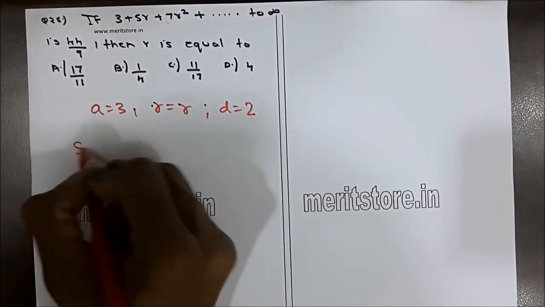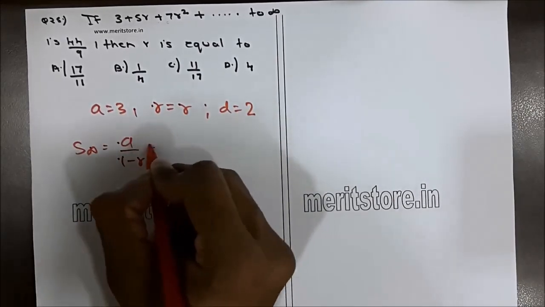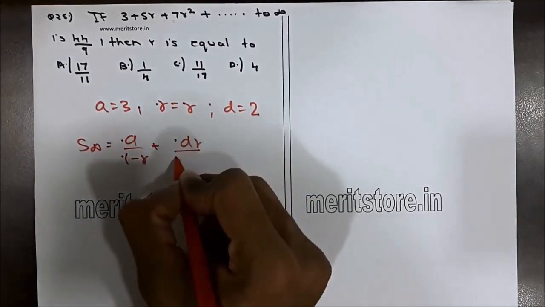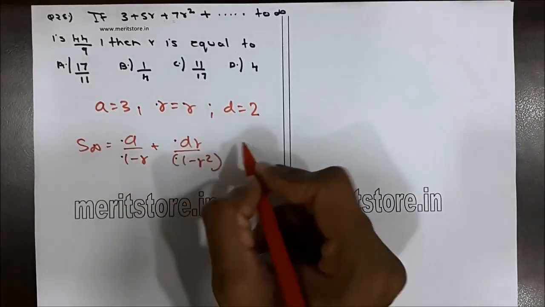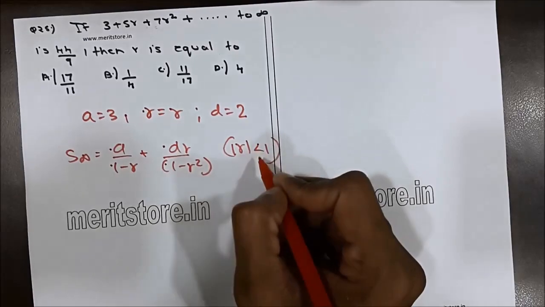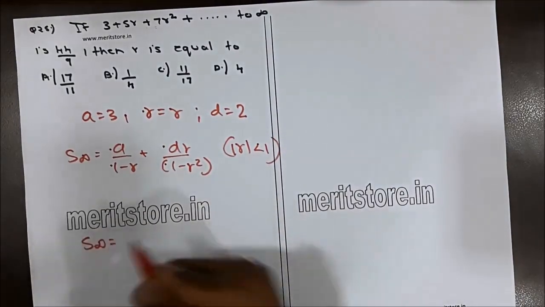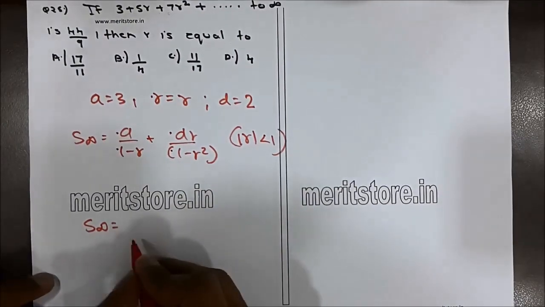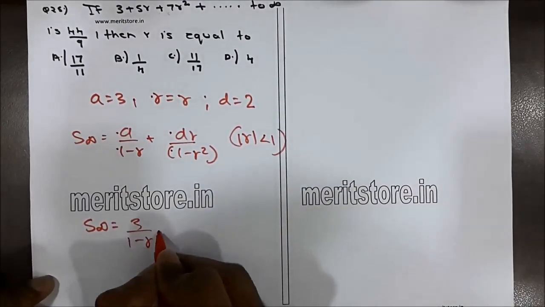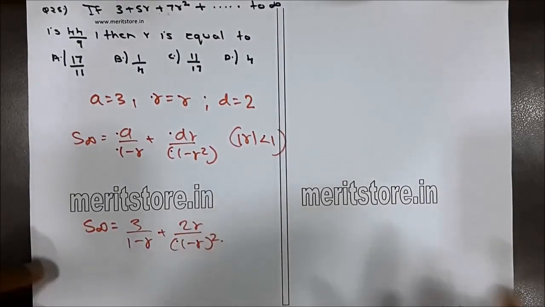Therefore, for the sum to infinity, we have a/(1 - r) + dr/(1 - r)², which holds if |r| is less than 1. So we solve this, we get 3/(1 - r) + 2r/(1 - r)².